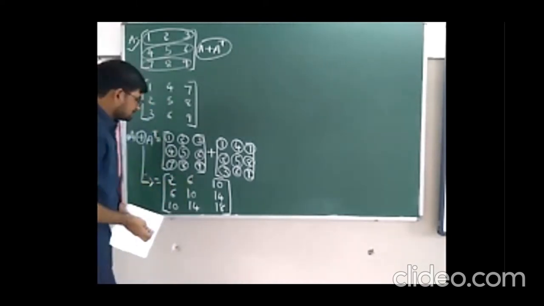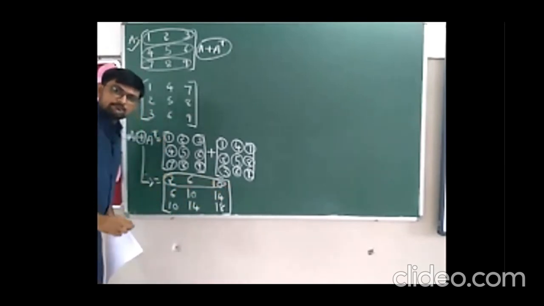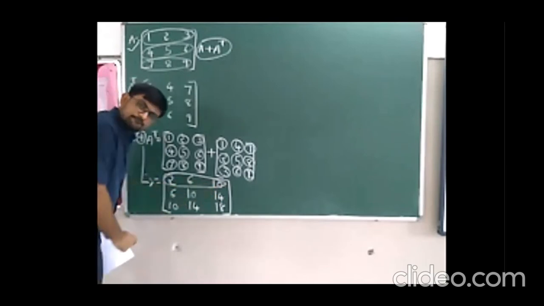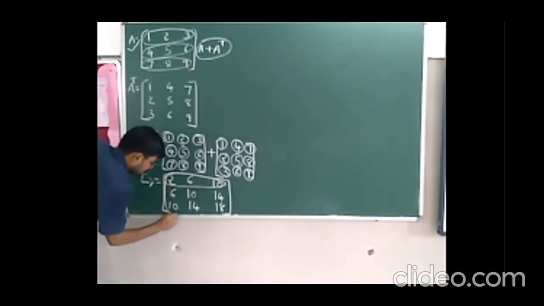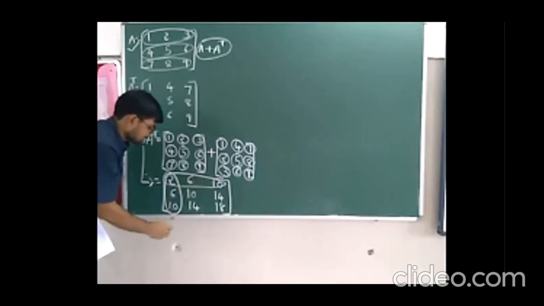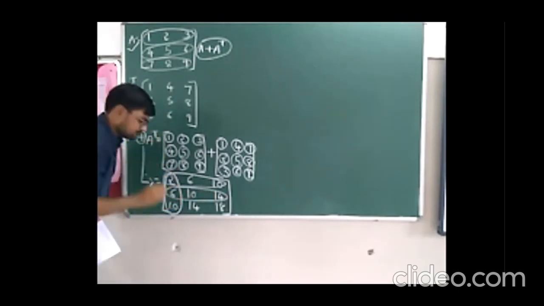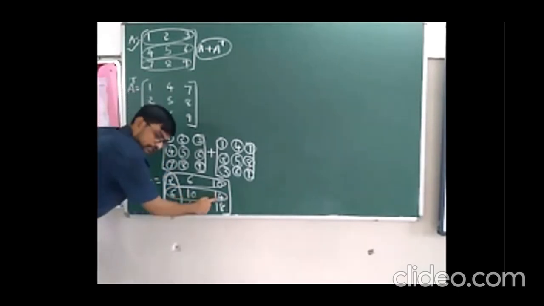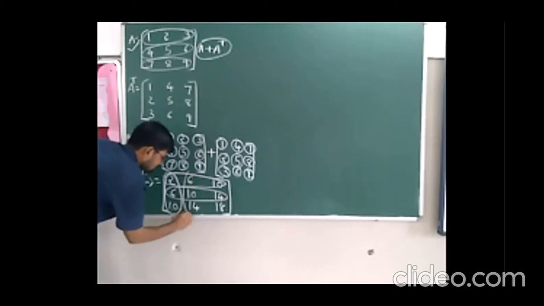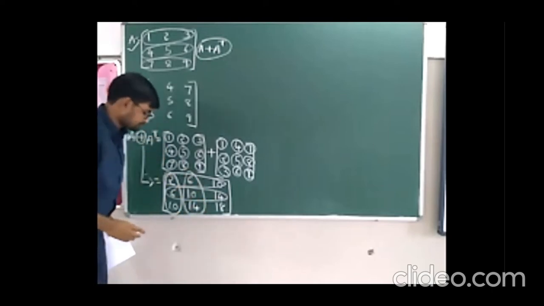You can see that in the first row there are 3 elements, 2, 6, 10, and in the first column again there are 3 elements, 2, 6, 10. They are the same. In the second row there are 6, 10, 14, and in the second column again 6, 10, 14. Both are the same.